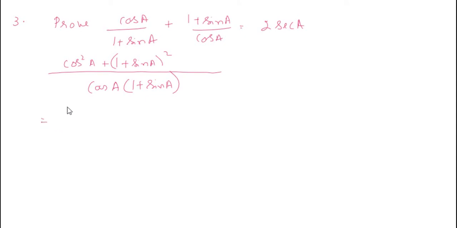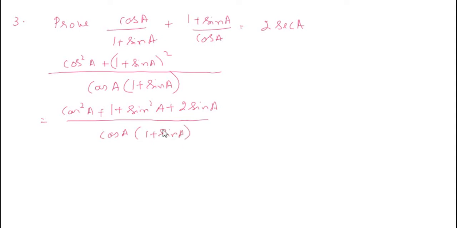So that is cos square A plus 1 plus sin A whole square, which is of the form a plus b whole square. So a square plus b square plus 2ab. So here it is 1 plus sin square A plus 2 sin A, entire thing divided by cos A into 1 plus sin A. Now cos square A plus sin square A is 1. So 1 plus 1 is 2.